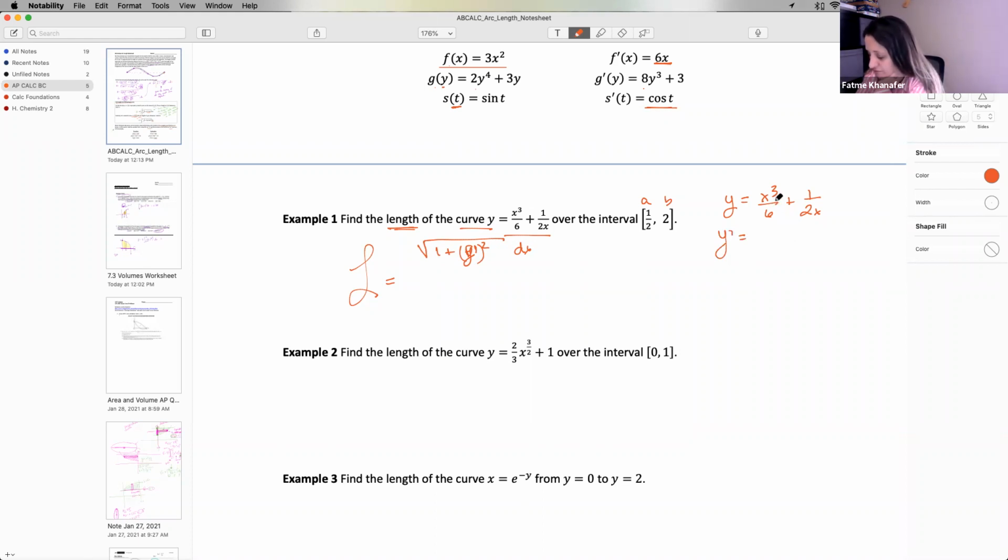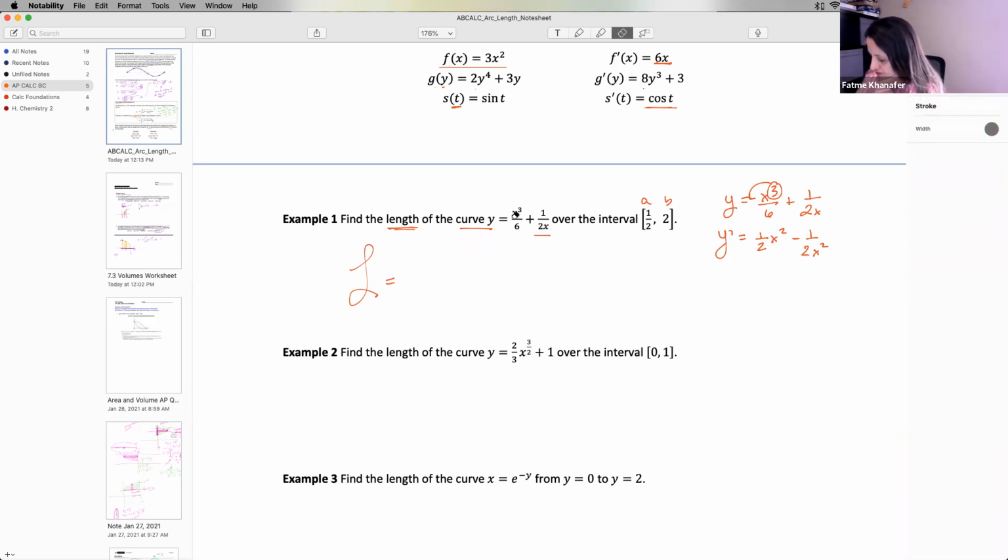Okay? So remember derivative, the 3 comes down, so 3/6 becomes 1/2 x squared. And then if you move this guy up, this ends up being minus 1 over 2x squared. So here's our derivative.